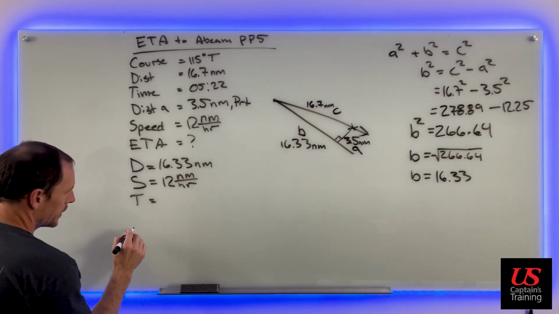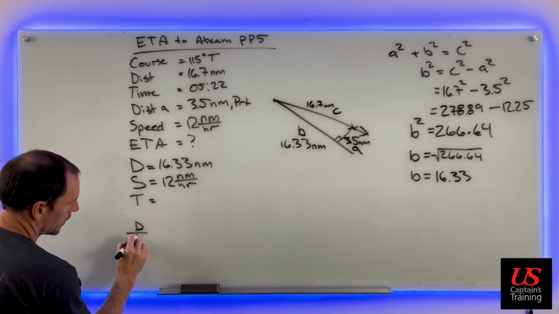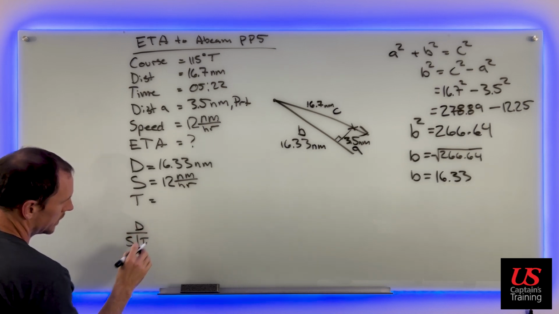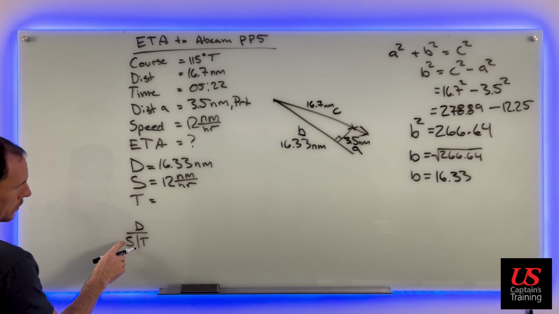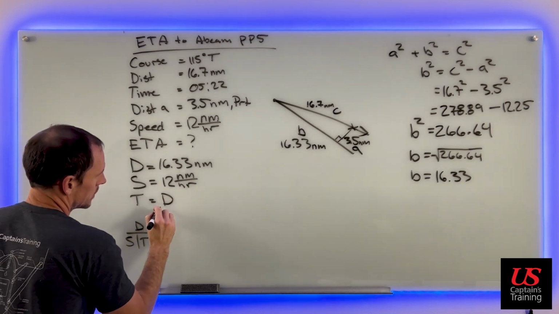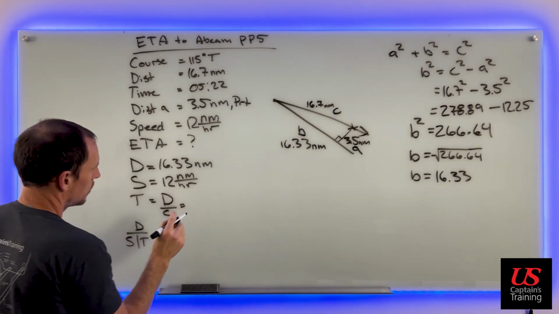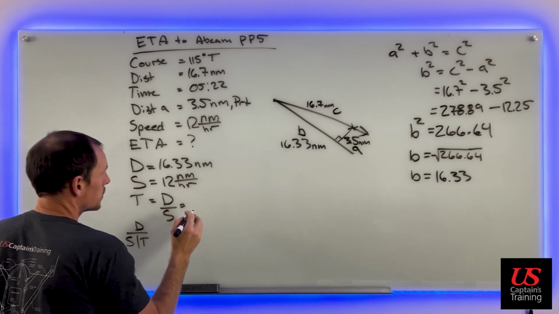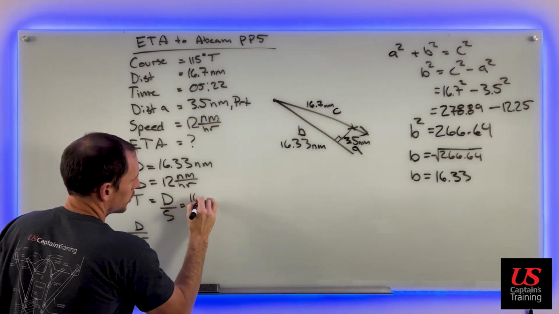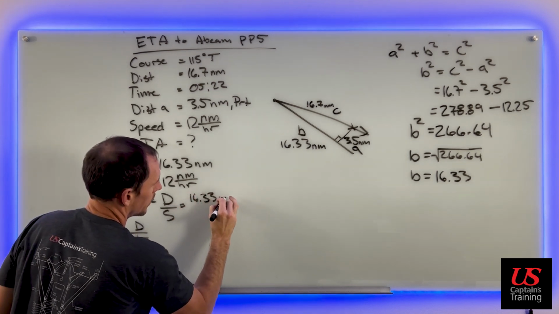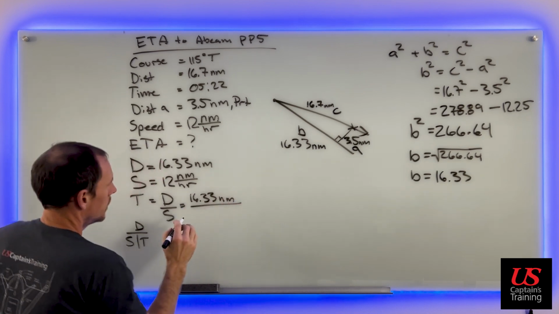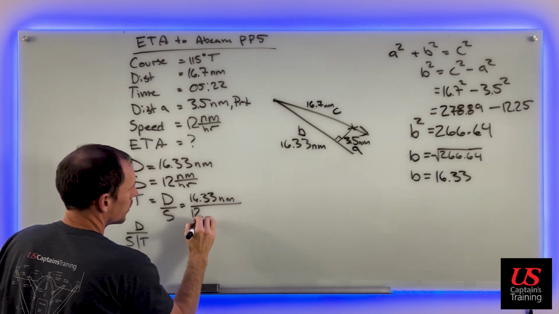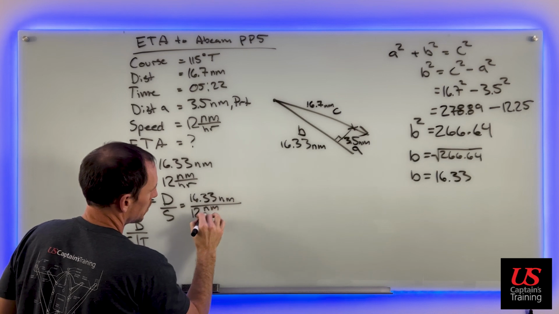Okay, time. How do we get time? Well, our little D Street thing tells us, time is distance over speed. Good. Distance over speed. What's our distance? 16.33 nautical miles. Our speed is 12 nautical miles per hour.